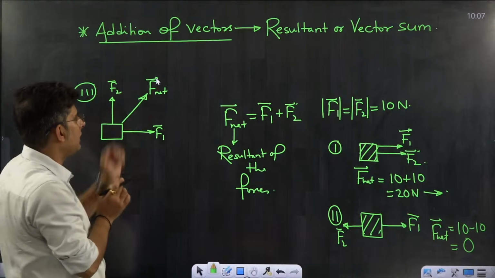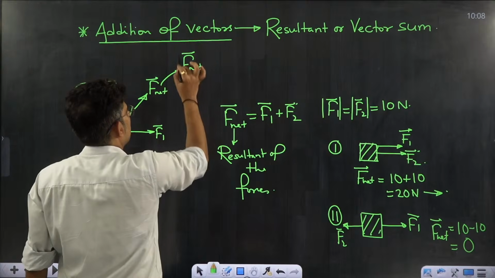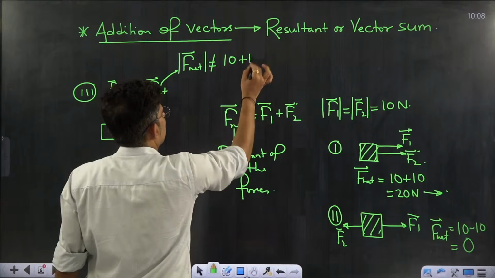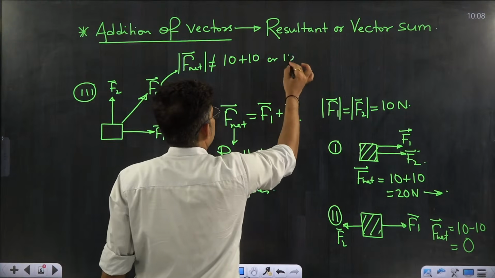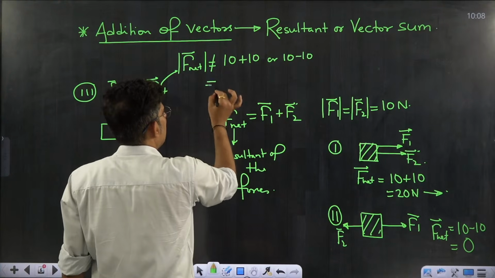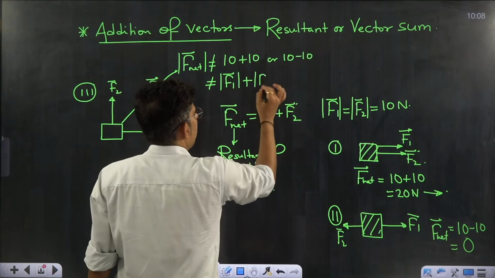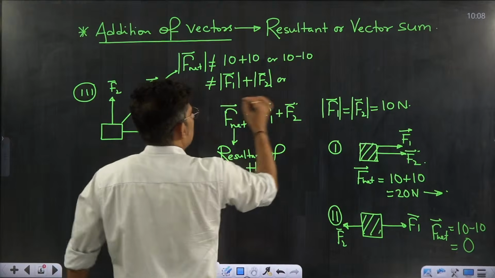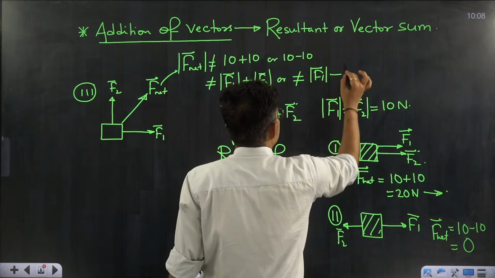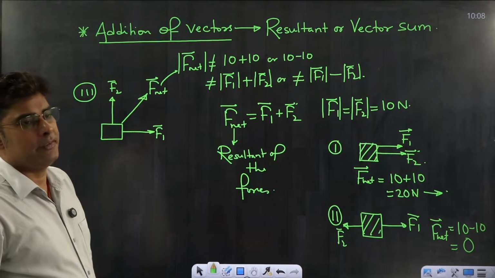Now when it is going somewhat in this direction, if I take the magnitude of the net force in this case, it won't be equal to 10 plus 10 or 10 minus 10. It is not equal to the sum of magnitudes, nor to the difference of magnitudes.